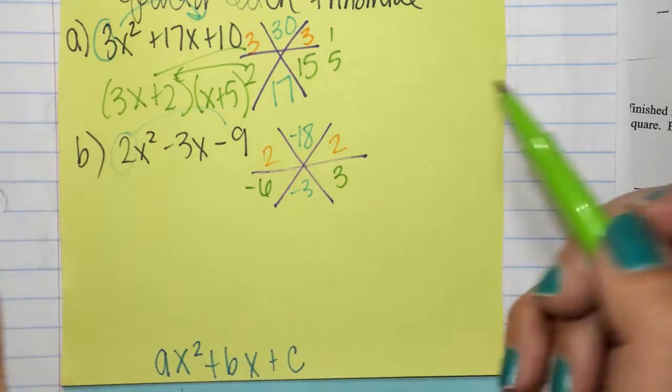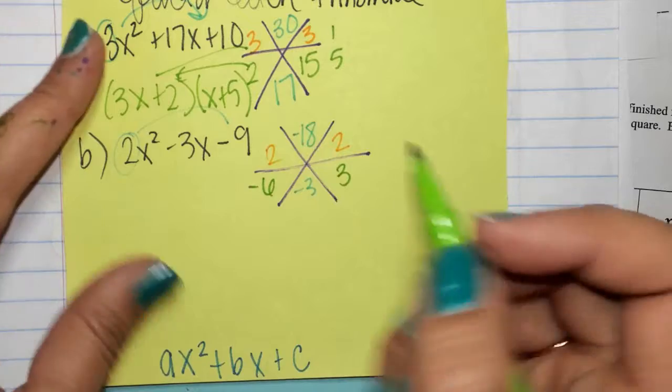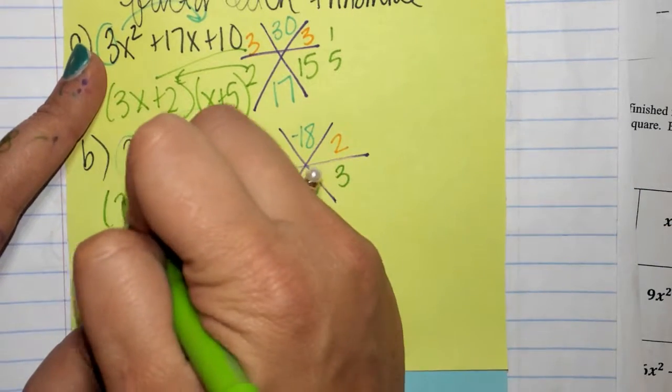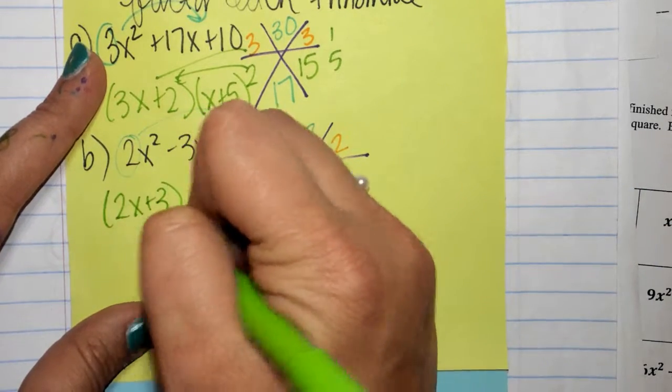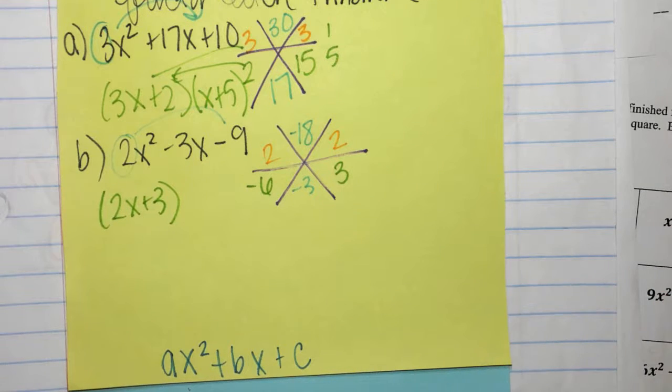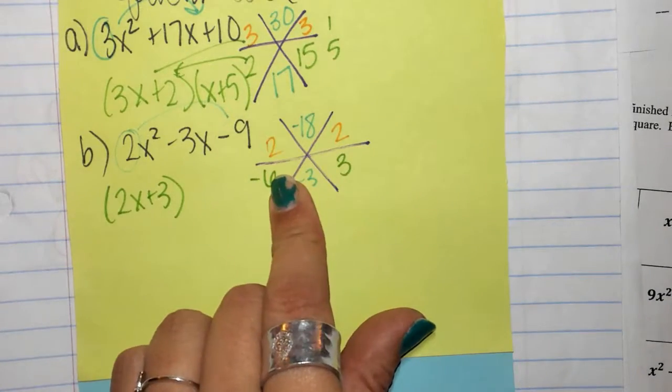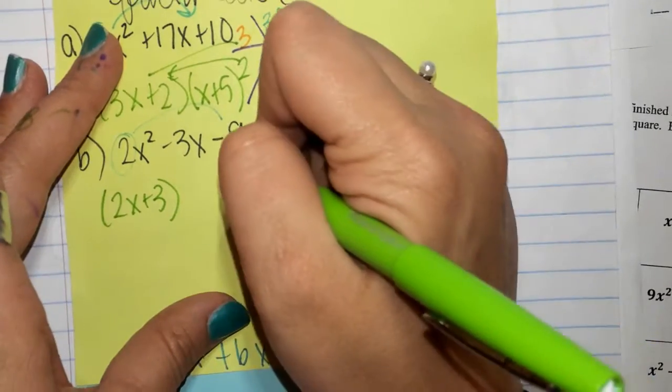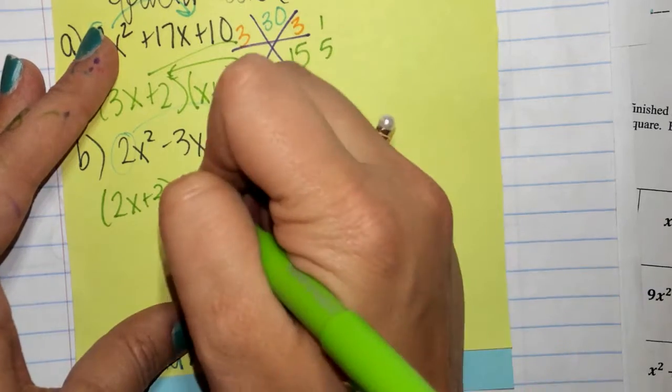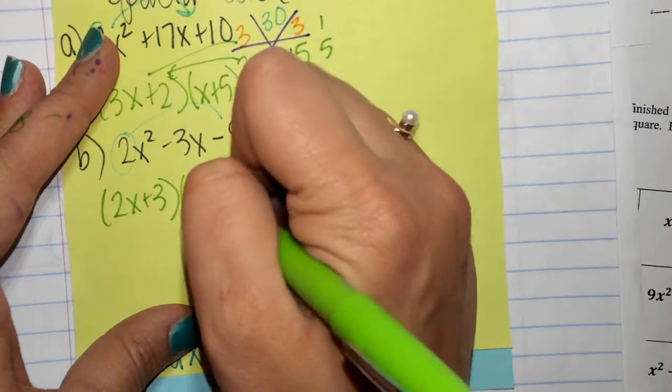Now, the fraction on the right does not reduce. So you would have 2x plus 3. Is everybody with me? This does reduce. So you would have 1 and negative 3. So that would be x minus 3.